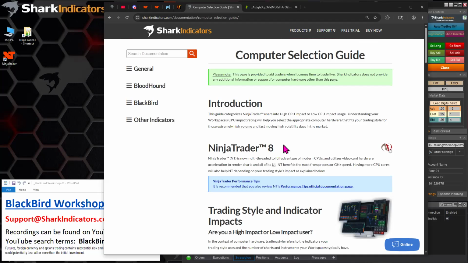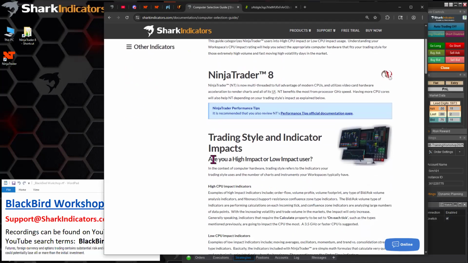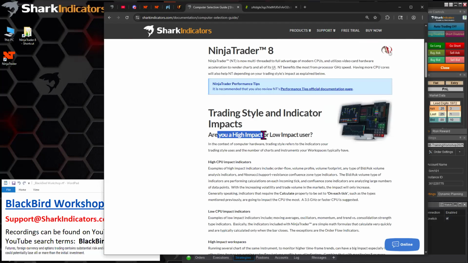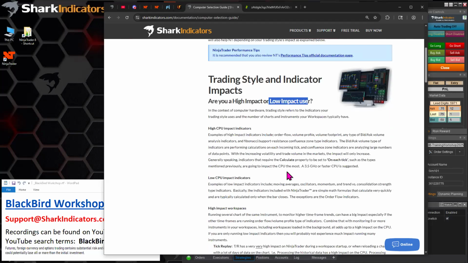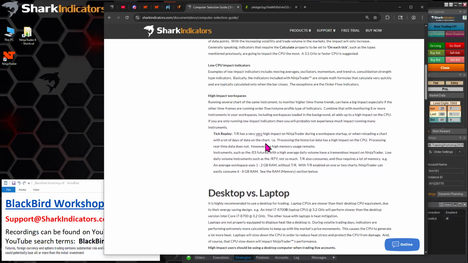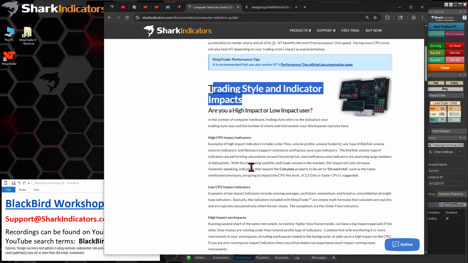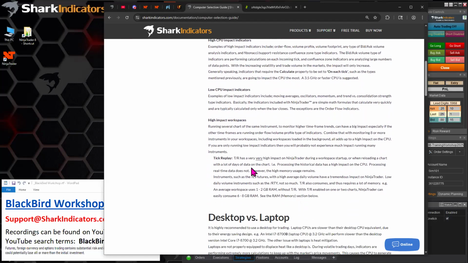But we have this here. It starts off trying to figure out, do you need a super heavy duty computer, or will a regular computer work for you? So that'll help you figure out what kind of computer you need.